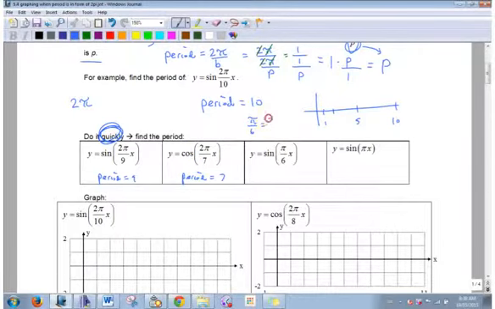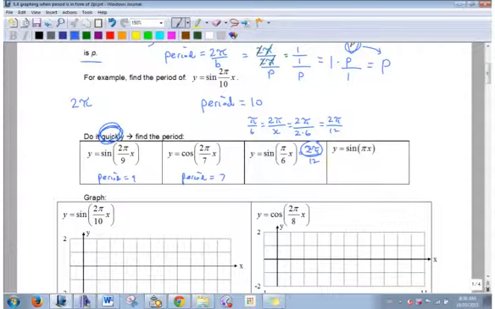I want this to look like that, which means what does x have to be? Pi over 6 is the same as 2 pi over... Whatever you do to the top, do to the bottom, right? I can do that because remember, I'm just timesing it by 1. That's the same as 2 pi over 12. Therefore, now it's in a form we want.